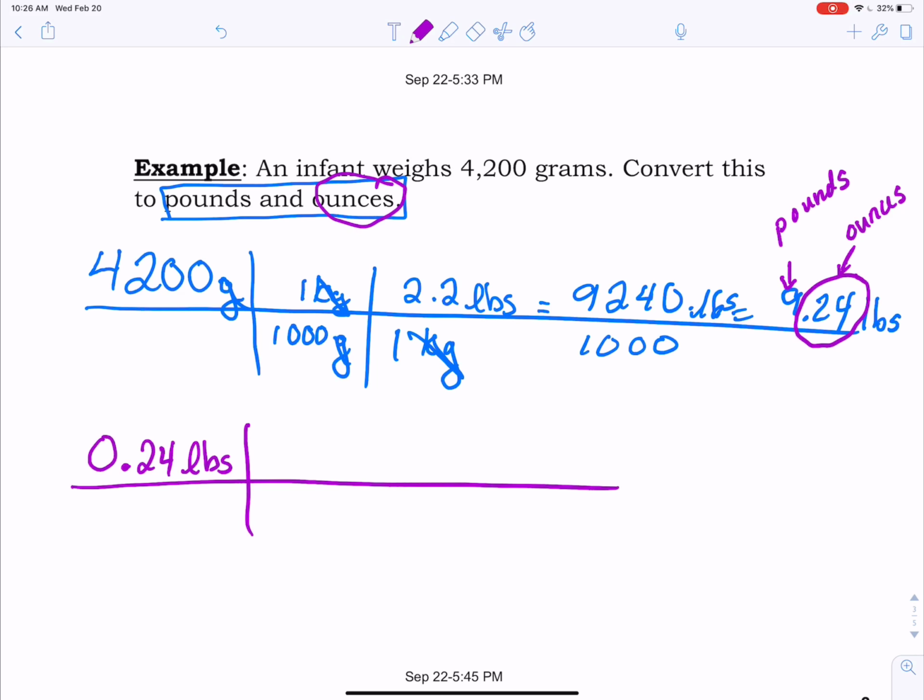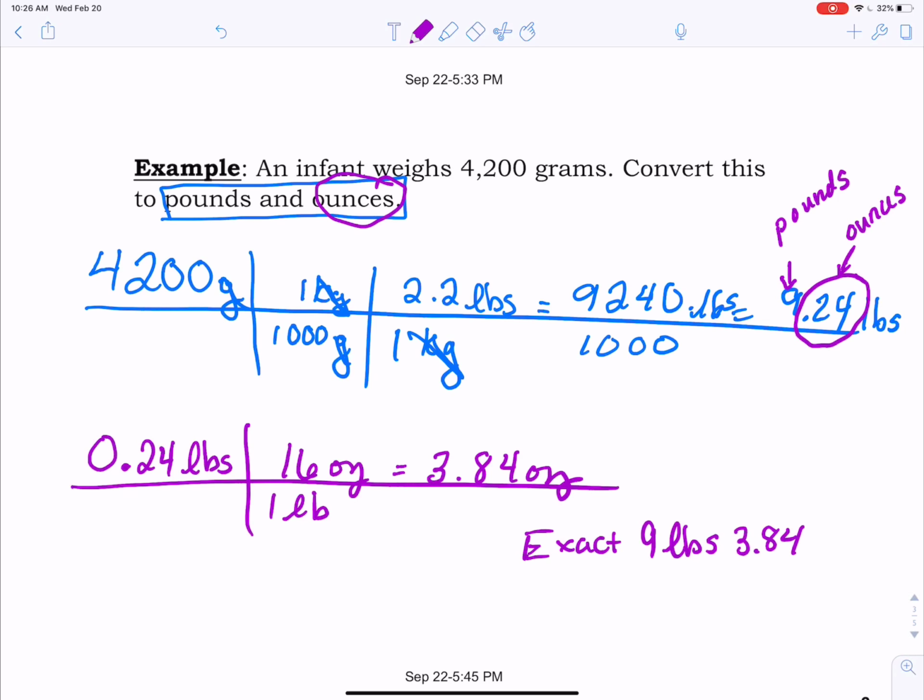We know from Chapter 4 in our household system that in 1 pound, there's 16 ounces. So when we multiply that 0.24 times 16, we'll end up with 3.84 ounces. So if they asked us for an exact answer, they told us not to round, we would say that it's 9 pounds and 3.84 ounces.